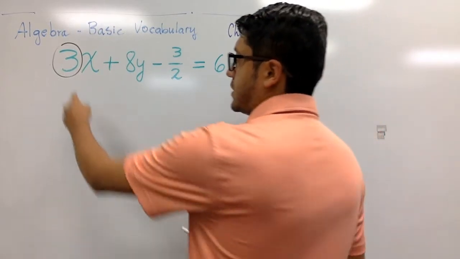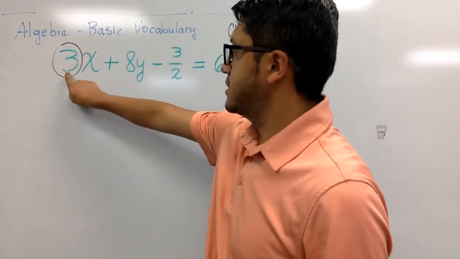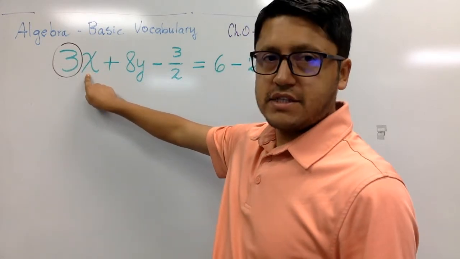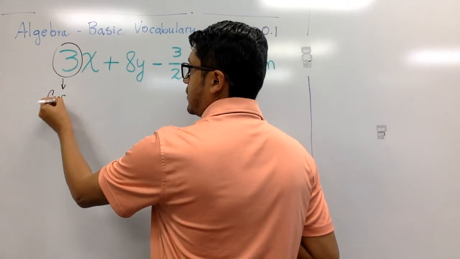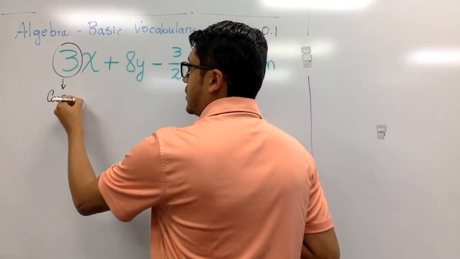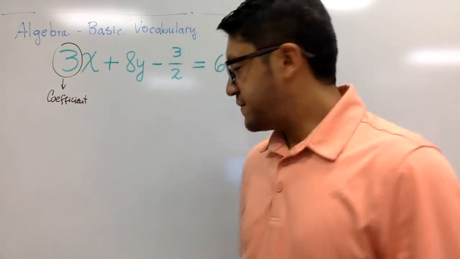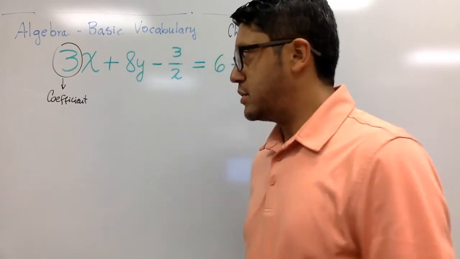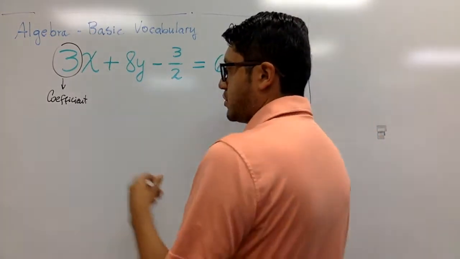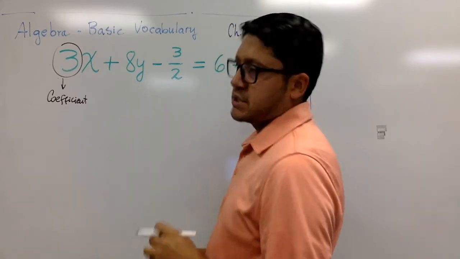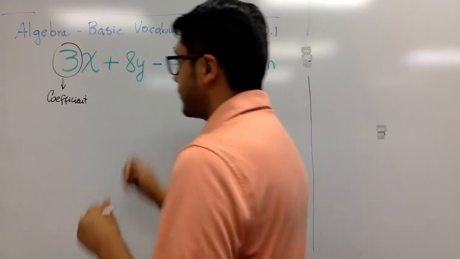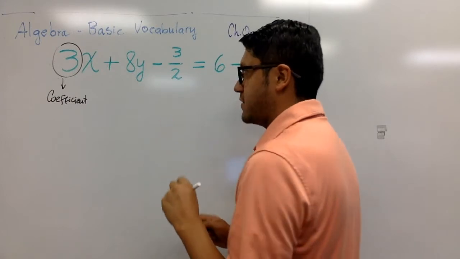Let's begin with the one that is circled here. As you can see, it's a number multiplying this letter. This number is called the coefficient. Sometimes coefficients are not visible. I'm going to show you one or two more examples of terms that have a coefficient that is not visible.